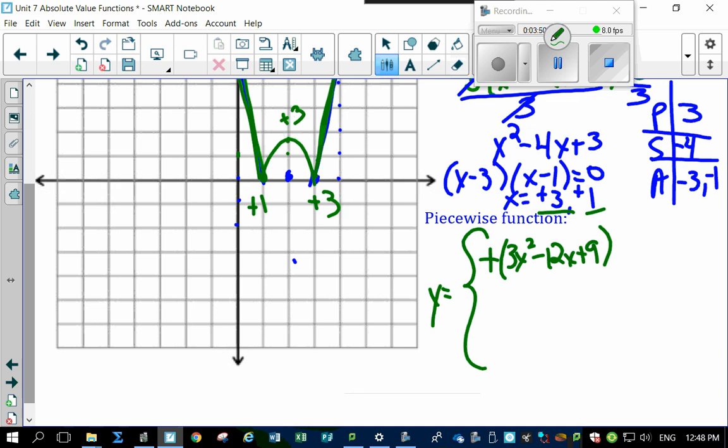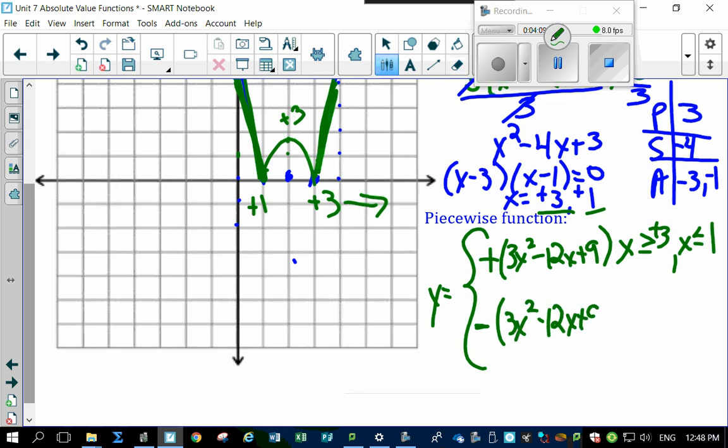It was normal bigger than 3, going that way, okay? Greater than or equal to positive 3, going that way, less than or equal to 1, and then you flipped it, 3x squared minus 12x plus 9. Where was the graph flipped? The graph was flipped between 1 and 3.